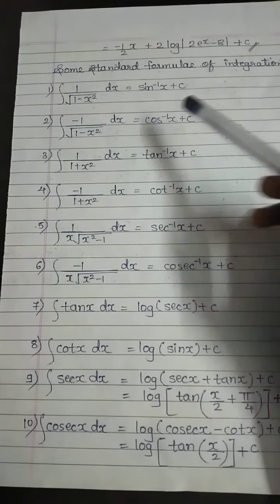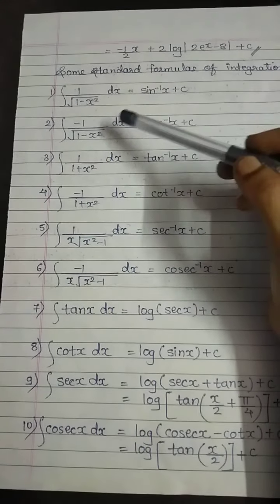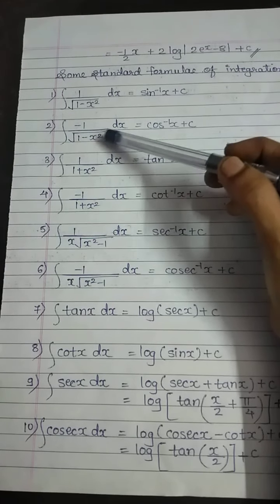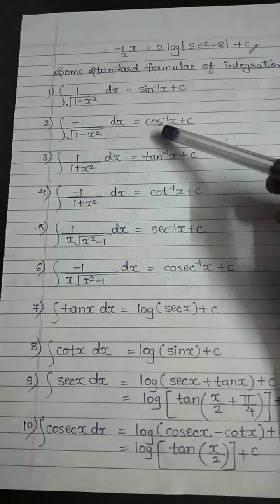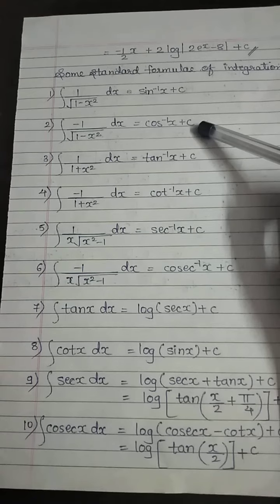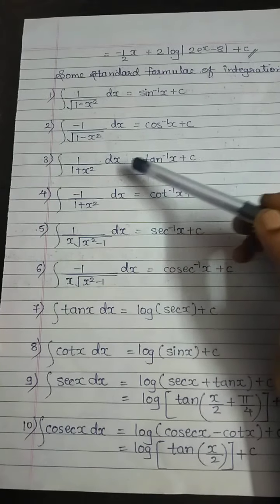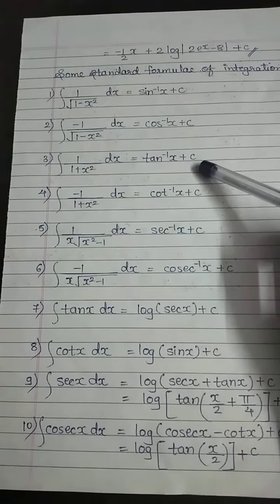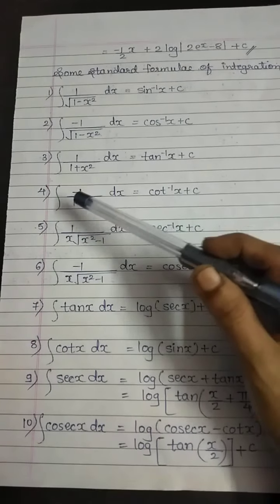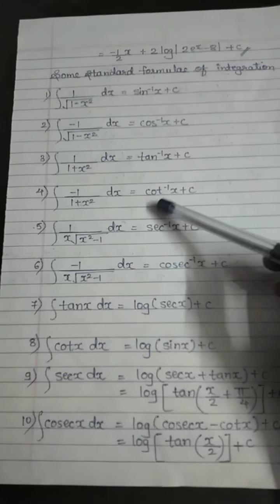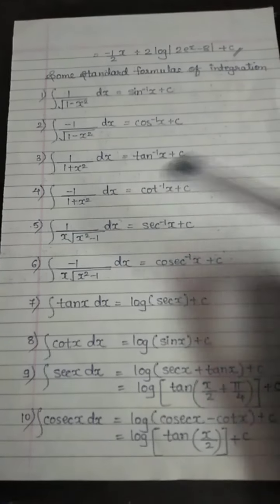Similarly, in case of the remaining inverse functions, integration of minus 1 upon root of 1 minus x square dx is equal to cos inverse of x plus c. Integration of 1 upon 1 plus x square dx is equal to tan inverse of x plus c. Integration of minus 1 upon 1 plus x square dx is cot inverse of x plus c.